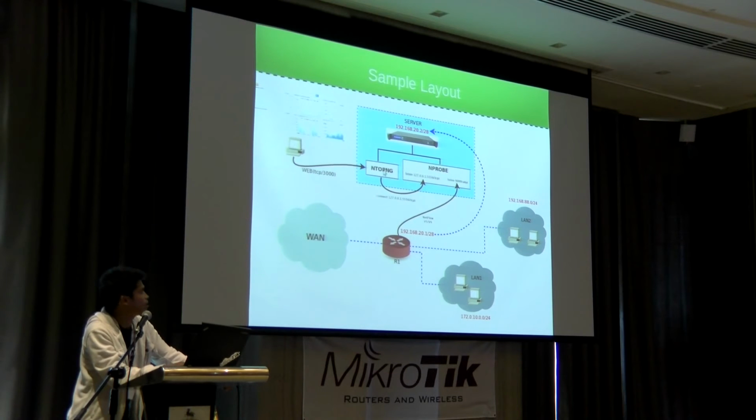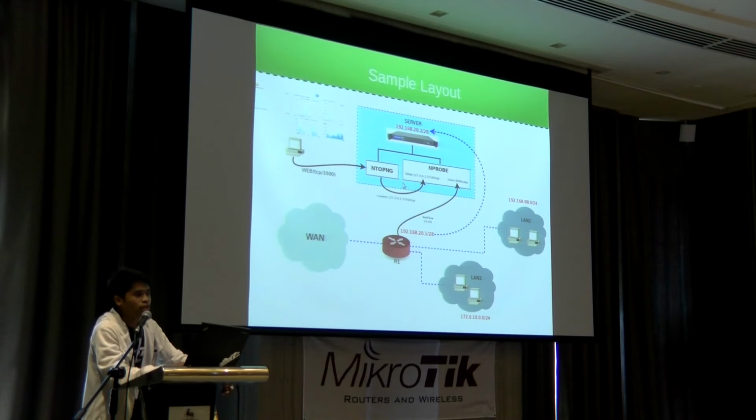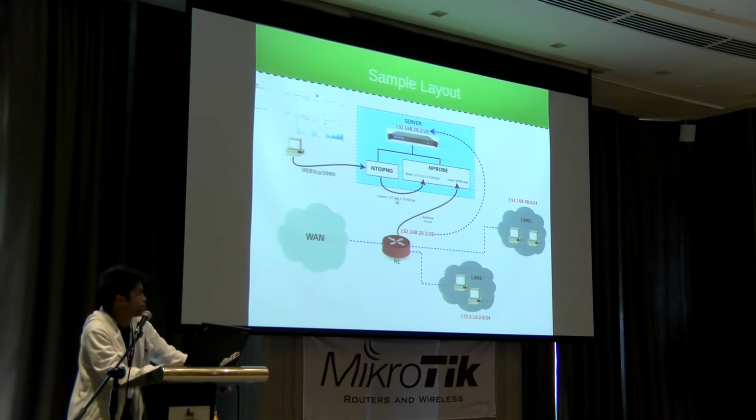In this scenario, NTOP is using the ZMQ messaging protocol in order to connect to nProbe. And then when we access NTOP on the web using port 3000, we can now see the traffic on it.